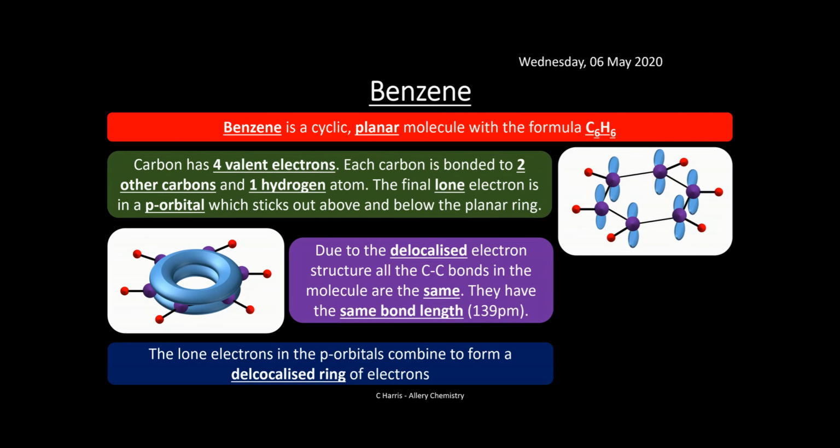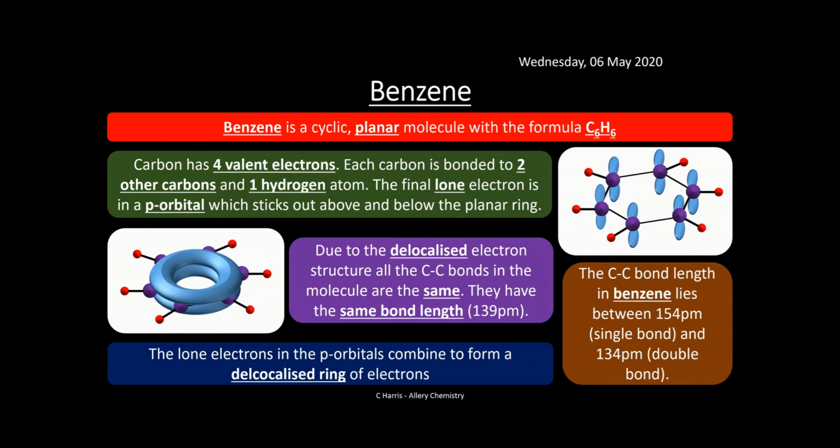Normally bond lengths are different, but in benzene it's very strange that it has the same bond length. So as I was saying, the C-C bond length is normally 154 picometers for a single bond and 134 picometers for a double bond. So actually, it's not a single bond and it's not a double bond. It has a unique feature, this benzene.